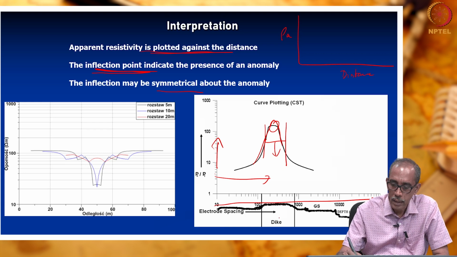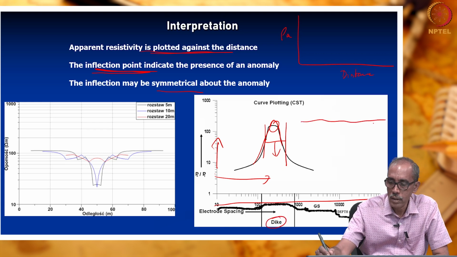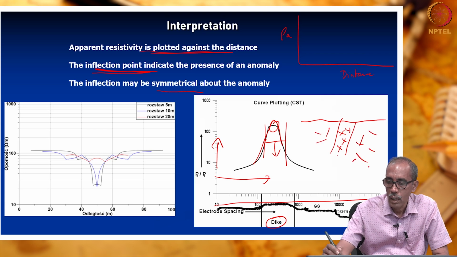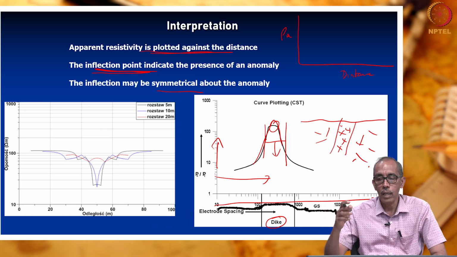When we investigated, it is nothing but an intrusive rock. That means this is the ground surface. Here you have an intrusive rock. On the other side, you have another type of rock. The intrusive rocks are generally much more compact, more solid, having comparatively higher density, and hence there is some resistivity contrast.